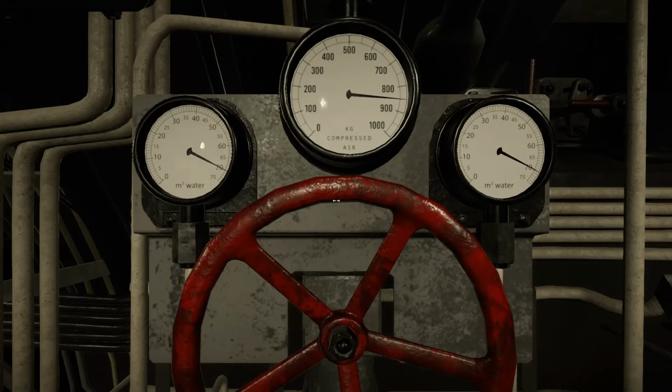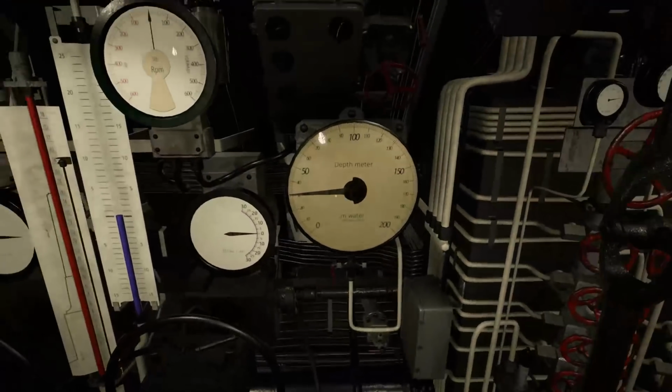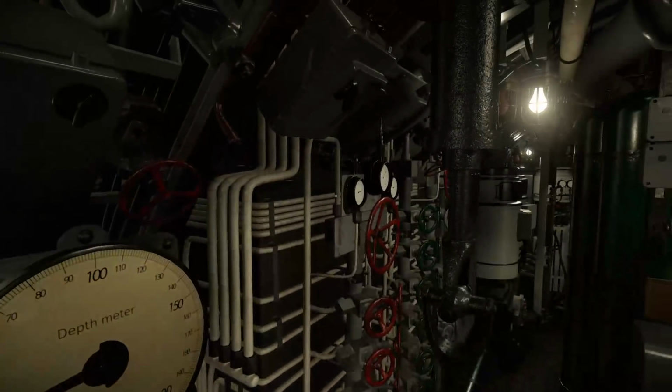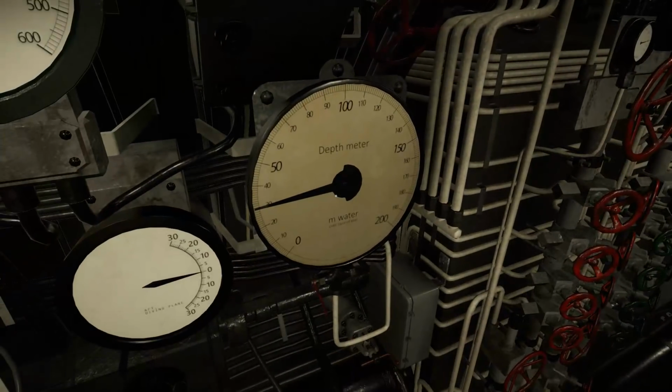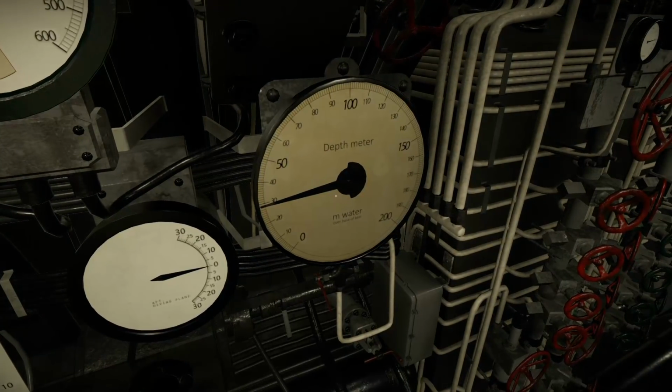If I get us down to 60 meters cubed, it should get us up to the surface. Yes, we are rising, and moderately quickly for not having any speed or dive plane action. We'll bring her back once we're back at the surface here.